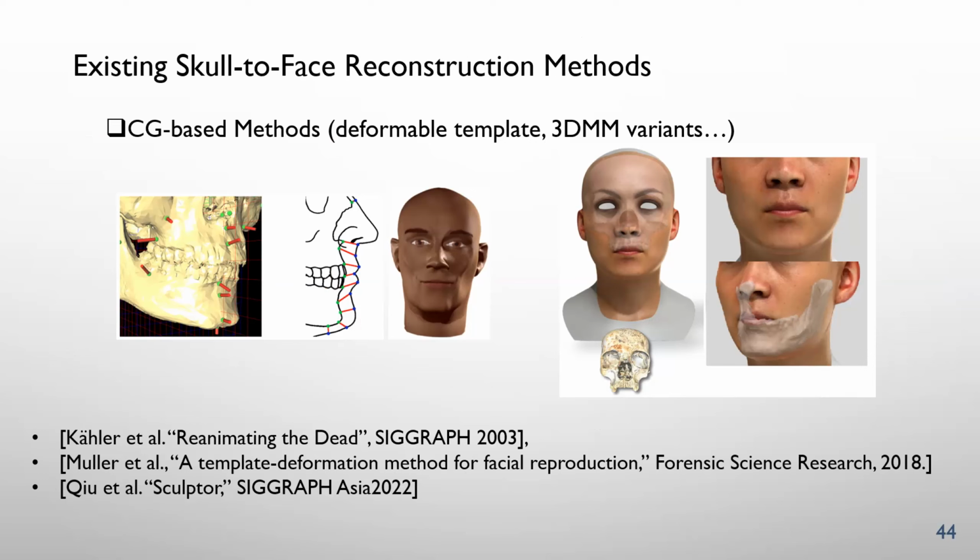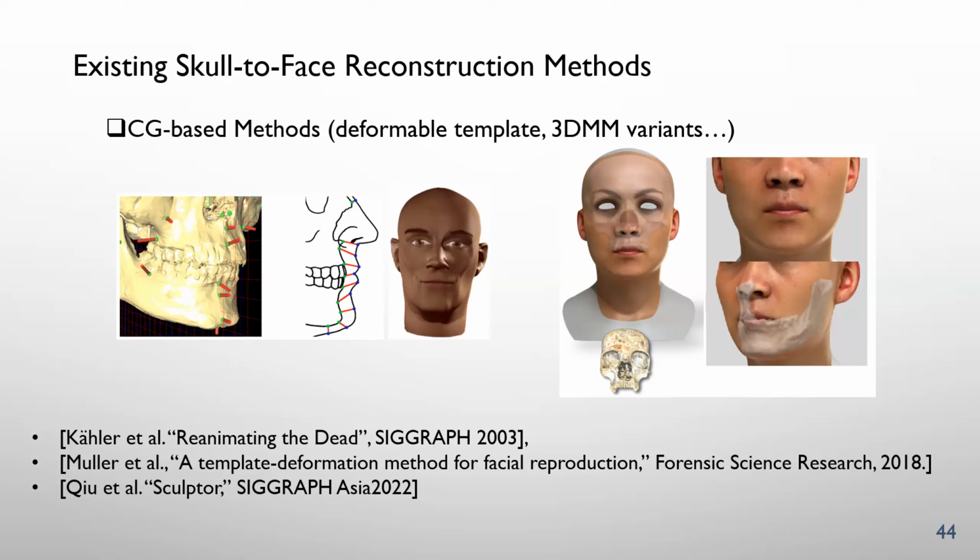Current technologies are mainly based on either computer graphics methods or statistical-based models. Both of them use geometries from the skull and the tissue information to infer the facial structure and the geometry. Many pure graphics and geometry-based methods use deformable templates to match the landmarks extended from the skull, and some of them apply certain smoothness regularizations.